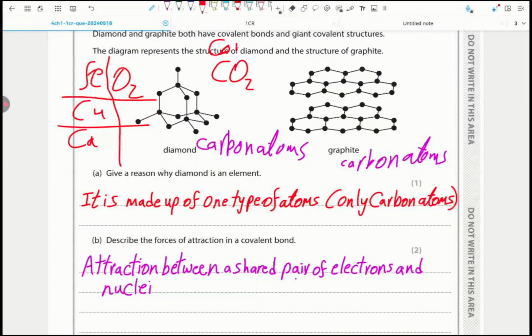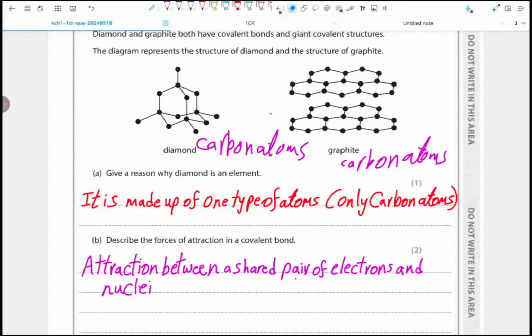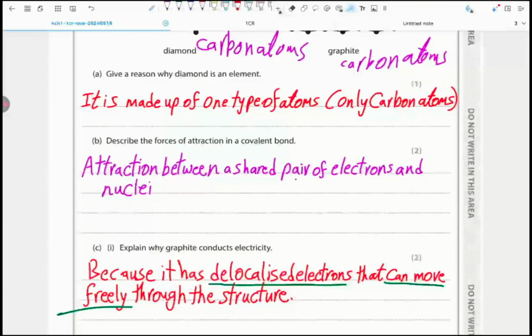This is a compound. Why is it compound? Because we have 2 or more different types of atoms inside one molecule. We have, for example, H2SO4. This is also a compound. So why is diamond an element? Because it is made up of 1 type of atoms, and it is only carbon.